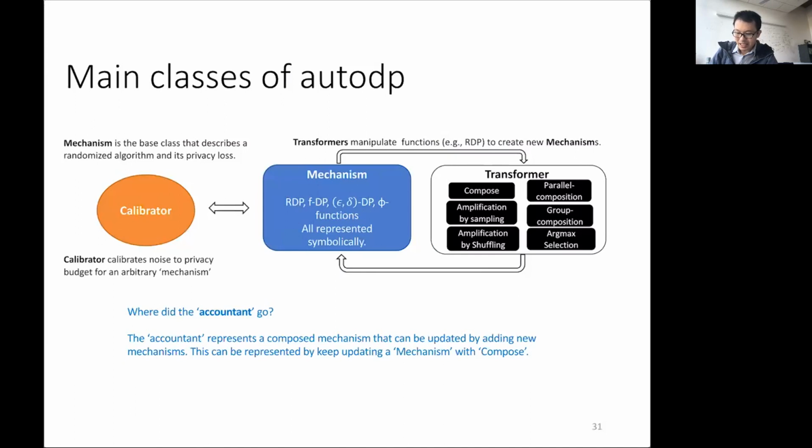So this is nice because we will have a mechanism, and this mechanism can be composed with other mechanisms through the composition transformer, and it can be converted into another mechanism through, say, amplification by sampling.